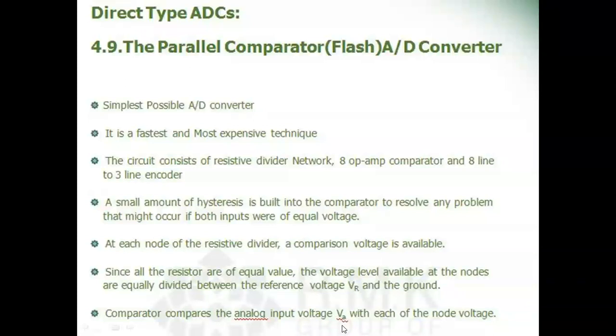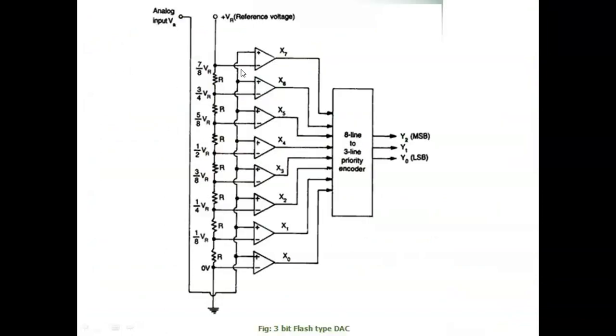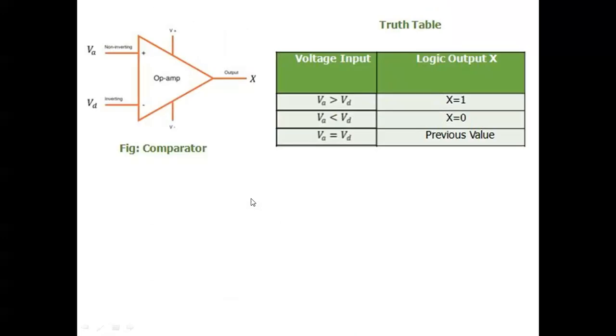Each comparator has two inputs. One is the analog input, which is compared with the node voltage at each point. For example, VA is the analog input and we compare it with the node voltage VD.